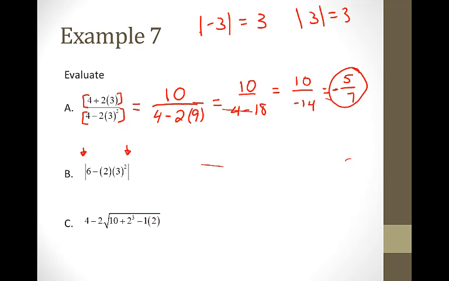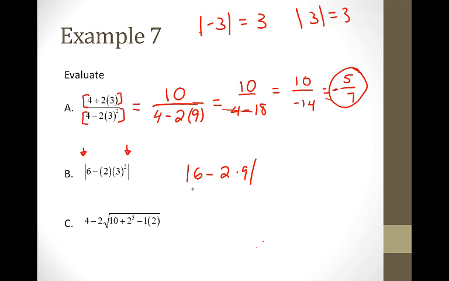So what do we have here? 6 minus 2 times 3 squared. Again, we still obey the order of operations. These absolute value bars, you can think of those as grouping symbols. So let's do what's in those first, although there's nothing else outside of that, so not that big a deal. So I'm going to do 6 minus 2 times 3 squared, which is going to be 2 times 9.